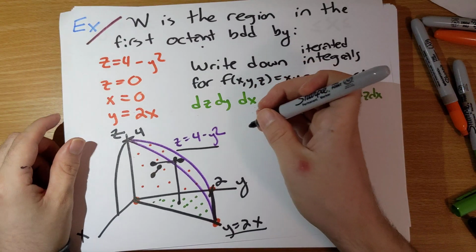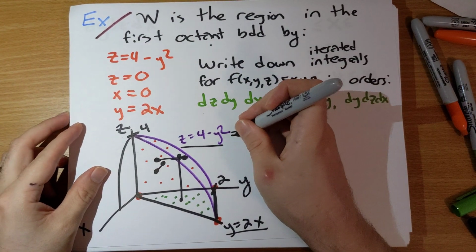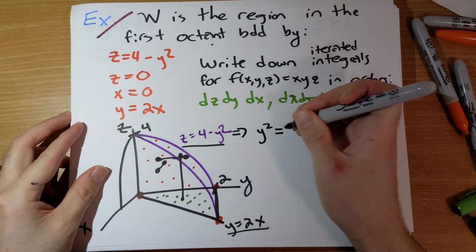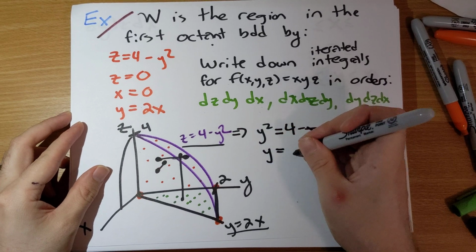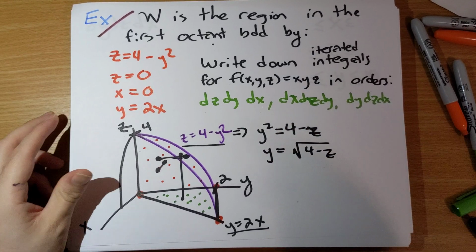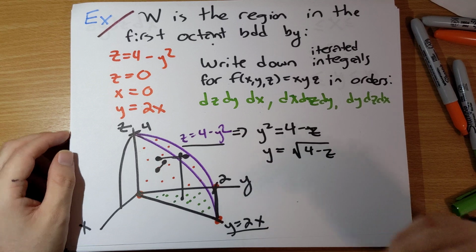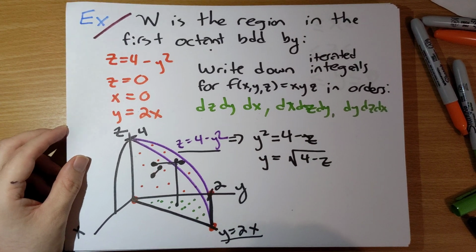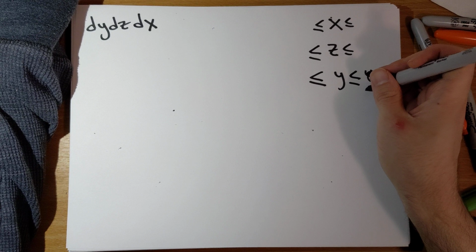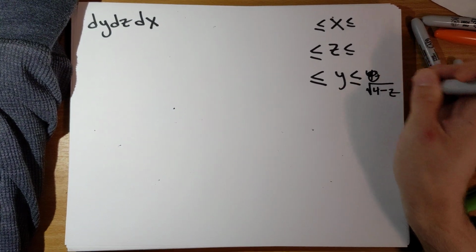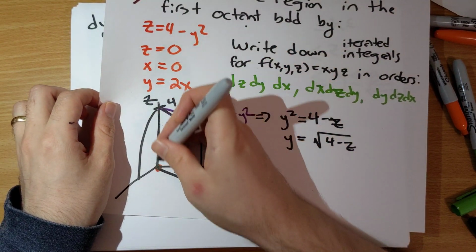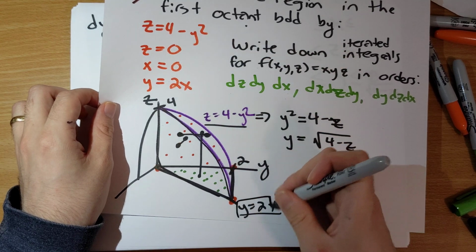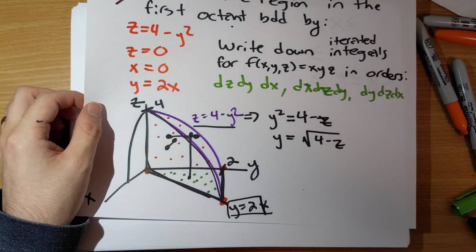Now we need to invert this to get y in terms of z. This is y squared is equal to 4 minus z. Take the square root of both sides, y is equal to the square root of 4 minus z. Note, we don't need the plus minus here because we're working in the first octant. So the upper bound here is square root of 4 minus z. For the lower bound, it's this surface right here, which corresponds to y is equal to 2x.